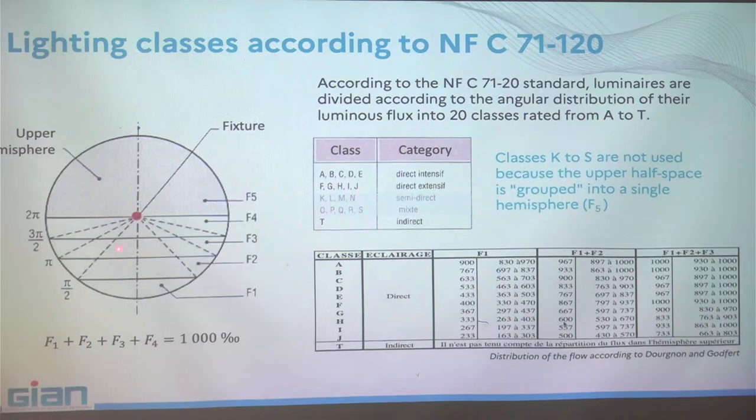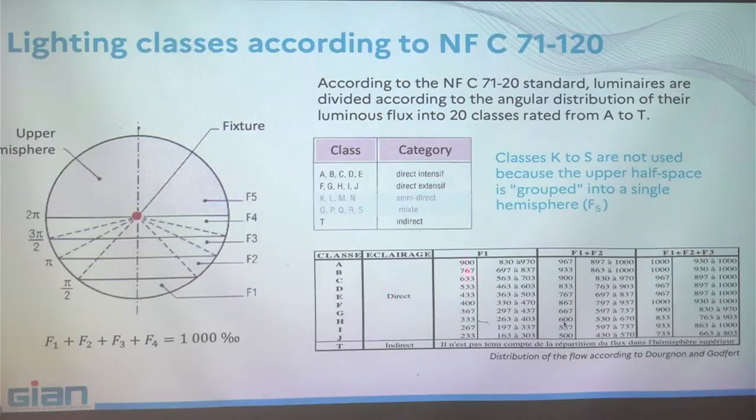And then, if you know how much flux is going here, how much flux is going here plus here, how much going here plus here, etc., you can have the full description of your flux distribution in the space, and they allocate for that a number of classes going from A to J, where A is very close to a projector.